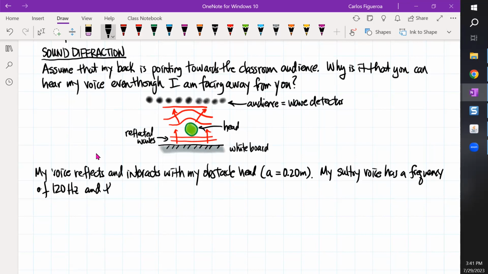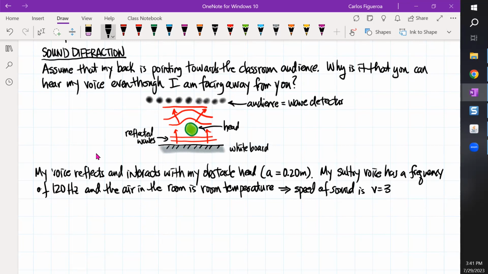And the air in the room is at room temperature. Because of that, the speed of sound at standard temperature and pressure is 340 meters per second.